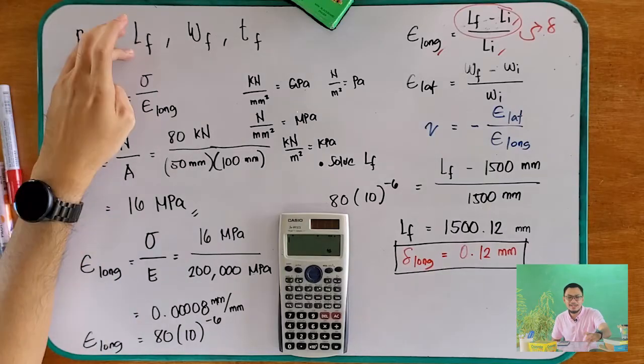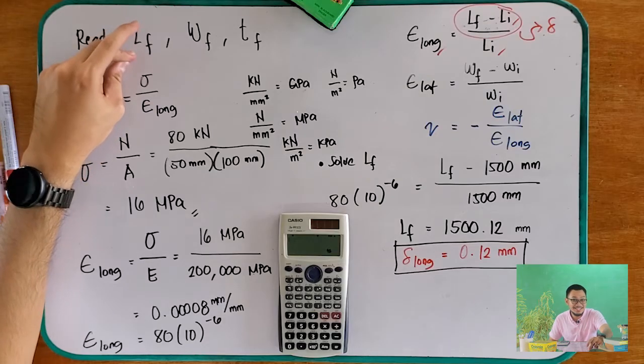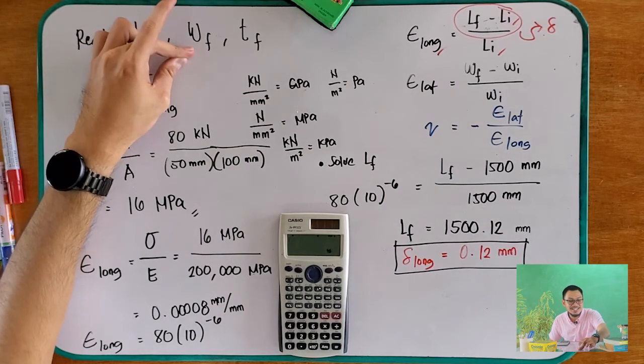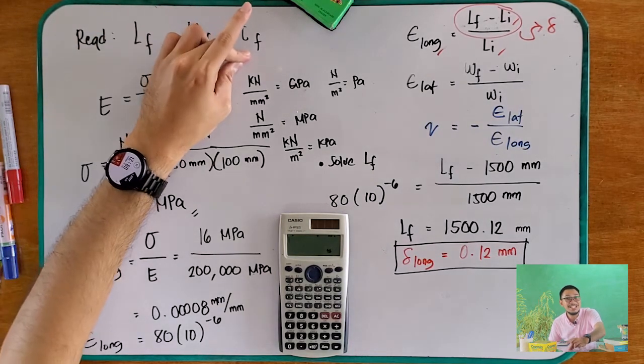Now, we are not done yet because we also have to determine the change in width and the change in thickness. What I wrote here is not the final length but the change in the length, the change in the width, and the change in the thickness.